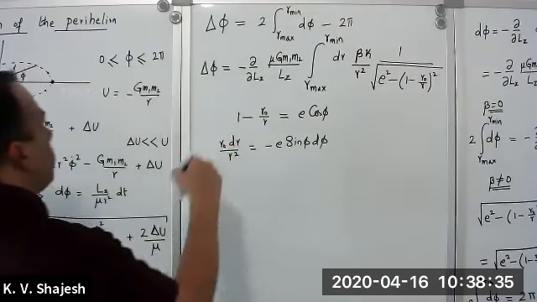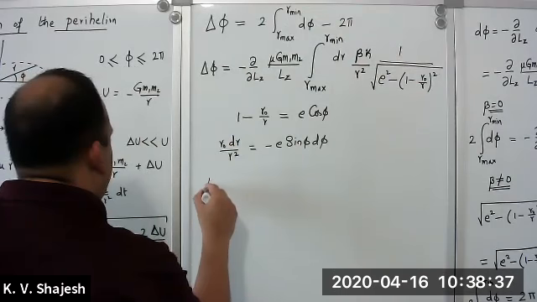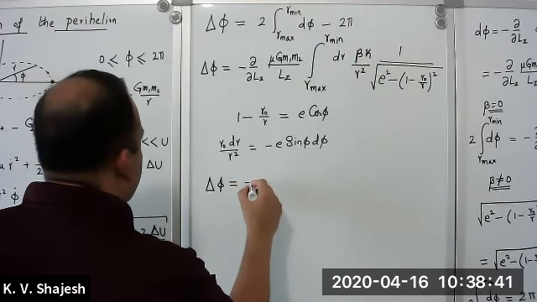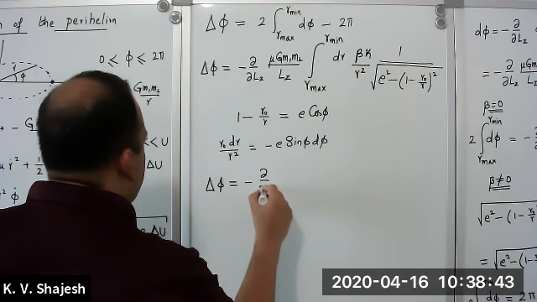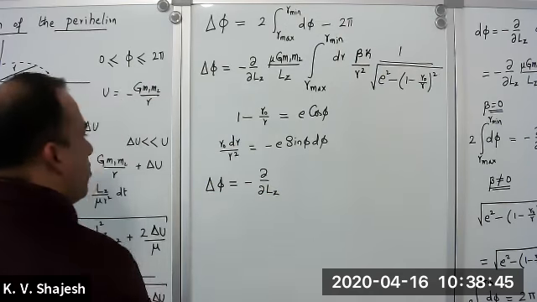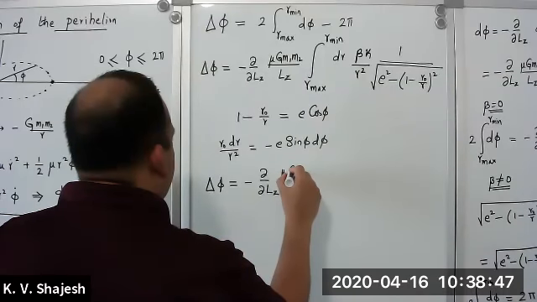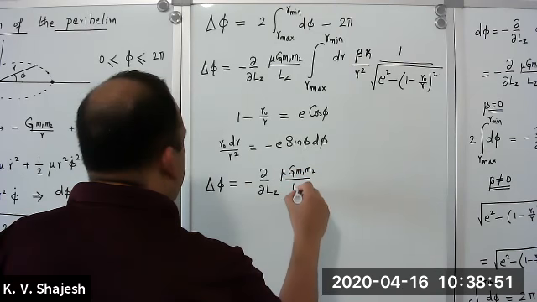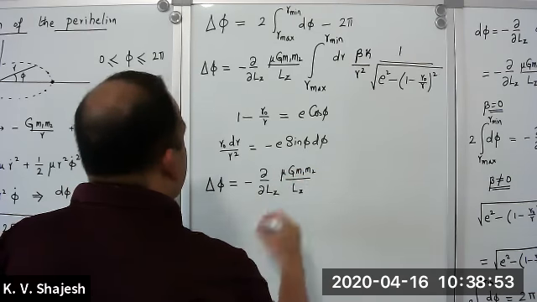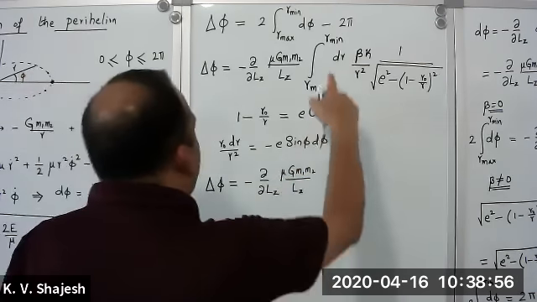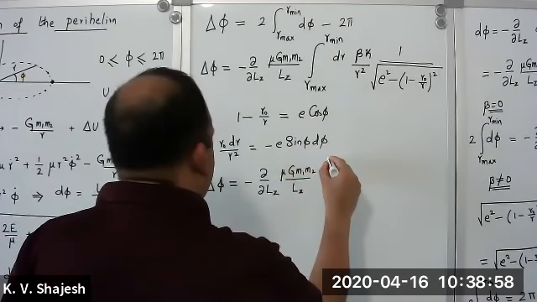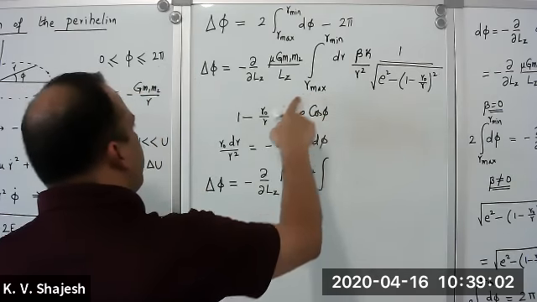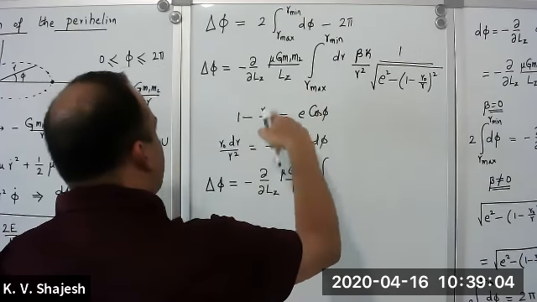So delta phi is equal to minus d by d lz of mu g m1 m2 over lz. And I should also worry about the limits when r max is substituted.